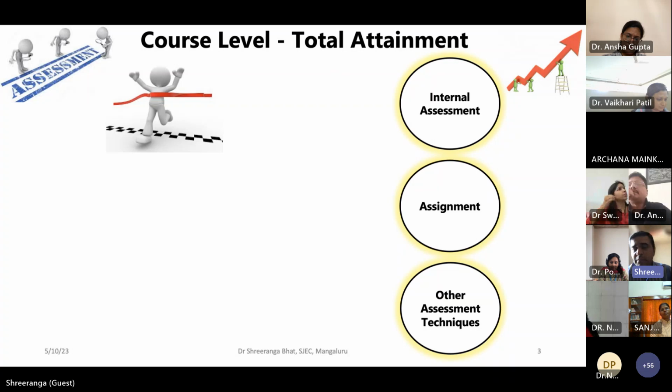The marks of the affiliated or autonomous university that need to be reflected in the marks card need not necessarily follow the quizzes or project-based learning, problem-based learning, or any other tools. However, in the attainment calculation, these are all prominent tools to make sure that our attainment is more robust.